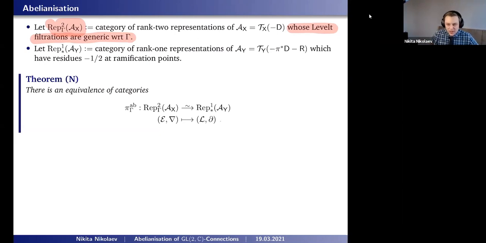Anyway, that's on the one hand, and on the other hand, over my double cover, I look at rank 1 representations, and I want these to be singular along the pullback divisor with the same order of singularity as my original connections. Also, they're all necessarily meromorphic along the ramification locus, but the residue is completely fixed.